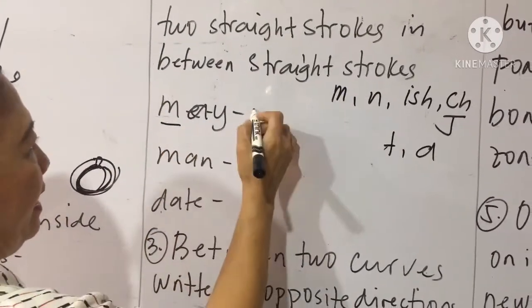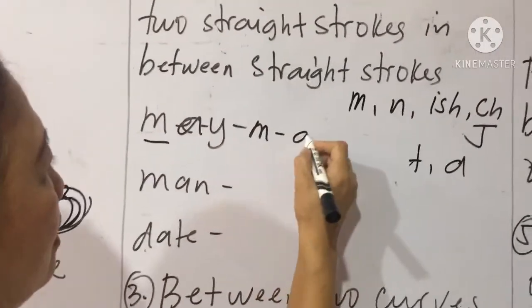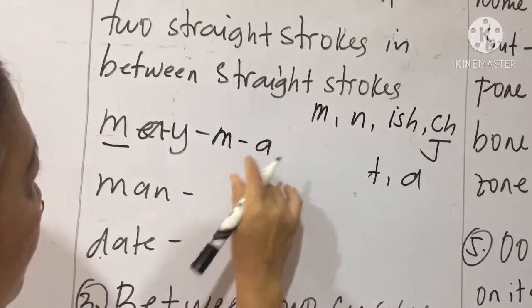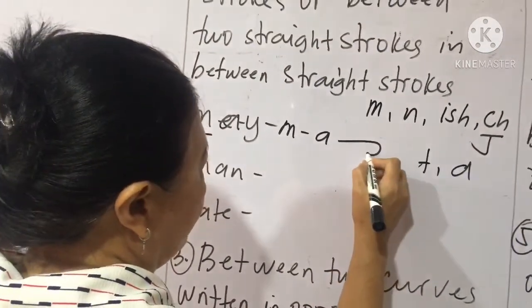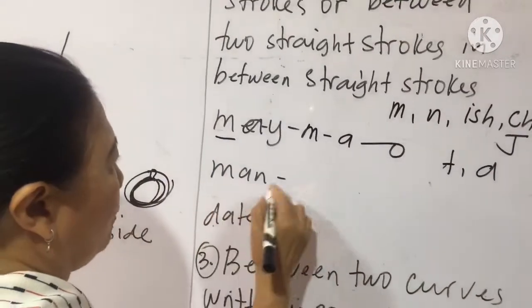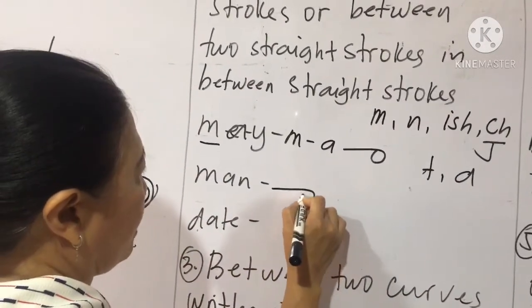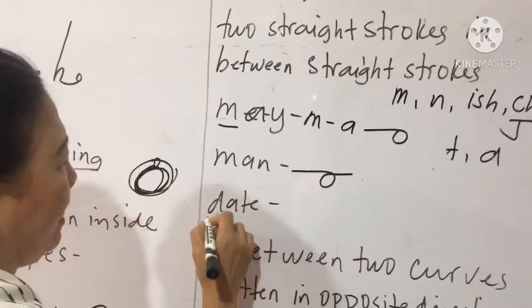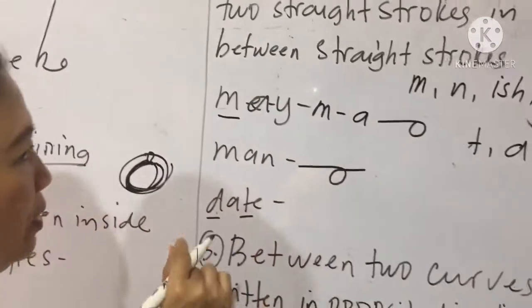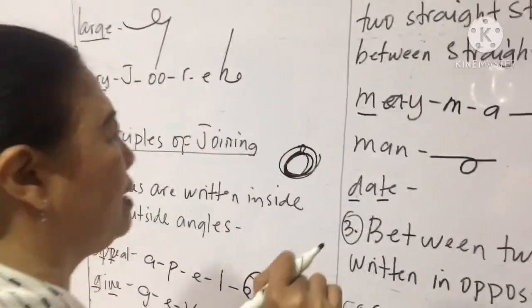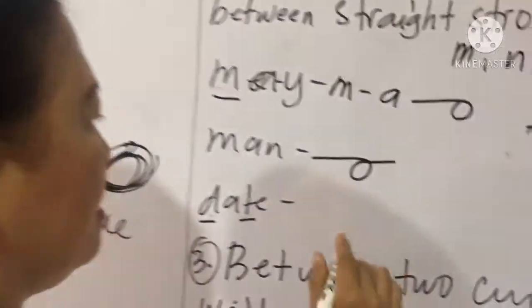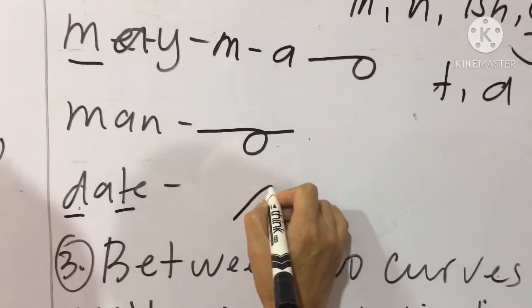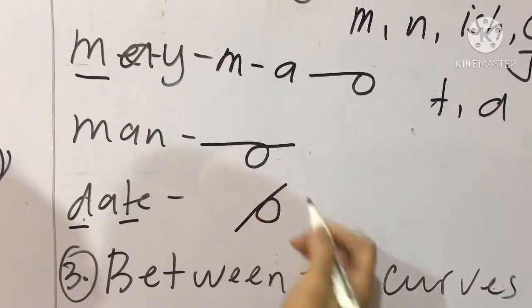So M and A. Therefore, you have to use clockwise when it is joined to a straight stroke. We have M and A. For man, we have M, clockwise A, and N. For date, since the T and the D belong to straight strokes, the same direction, we have to use clockwise. We have letter D, then clockwise A, and the T.